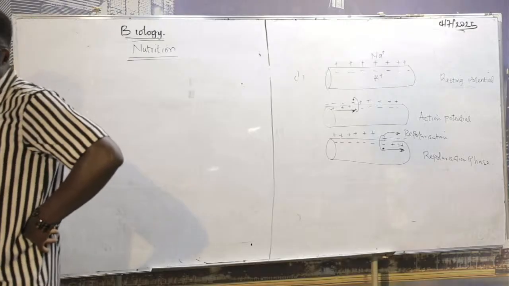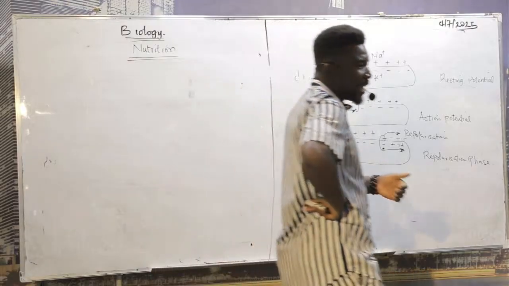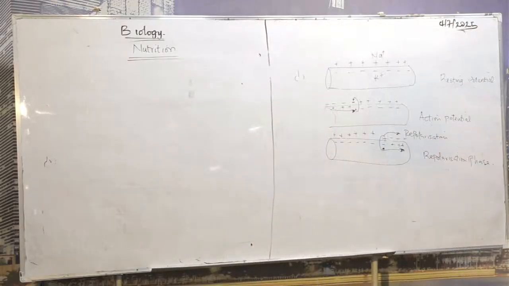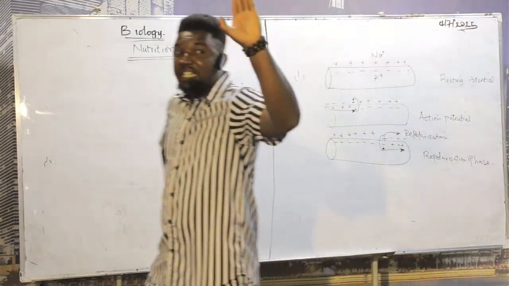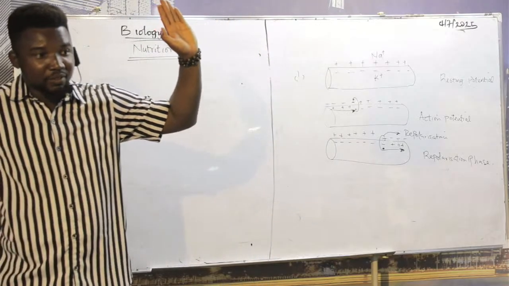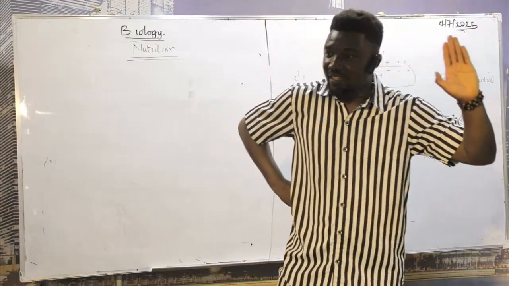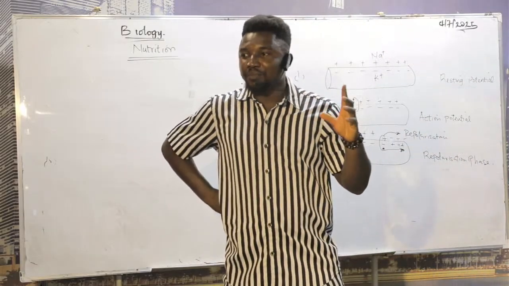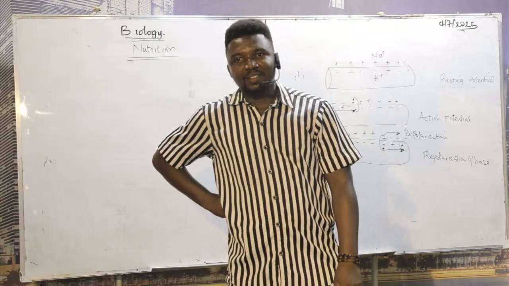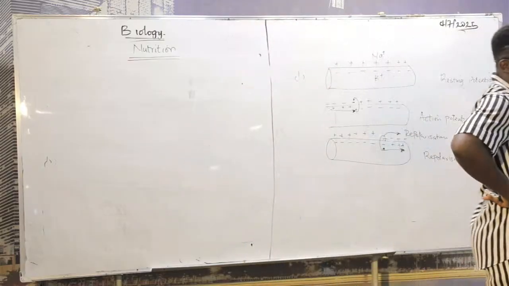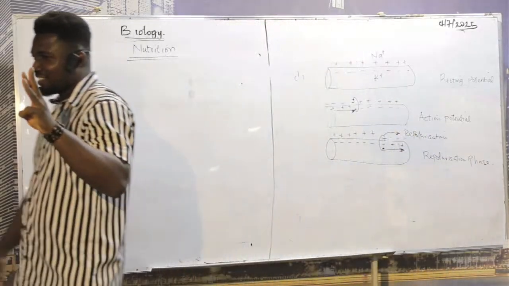Let's start. Nutrition. What is nutrition? Remember that nutrition is part of the characteristics of what? Living things. Can you give me the characteristics of living things? The first one is called what? Movement. The second one is called what? Respiration. The third one is called what?